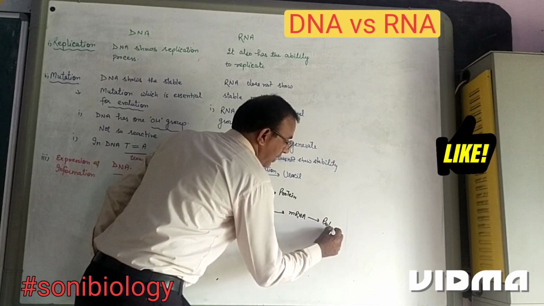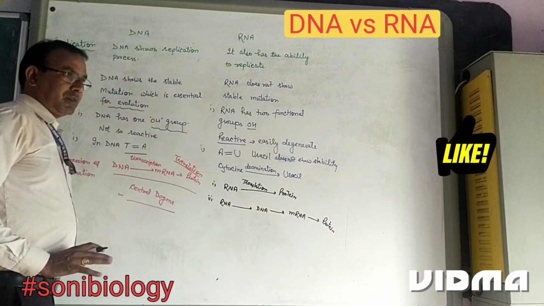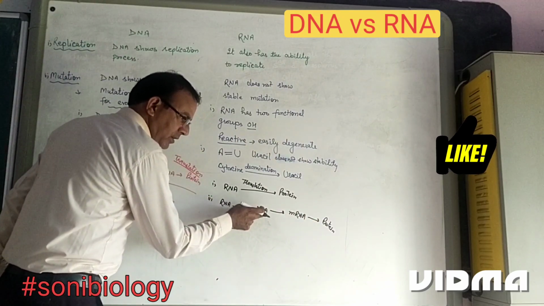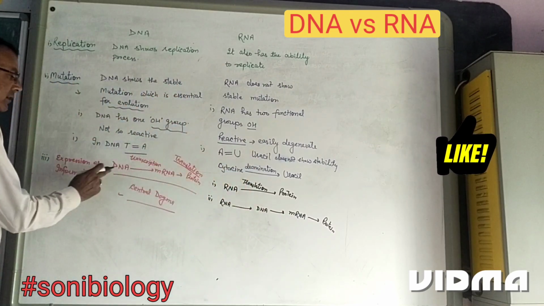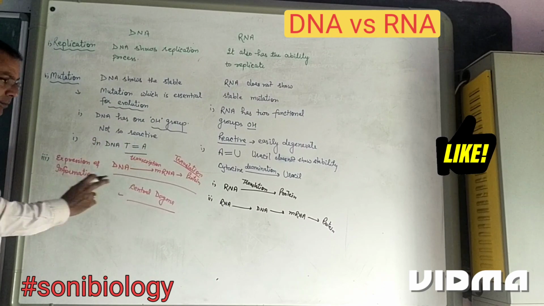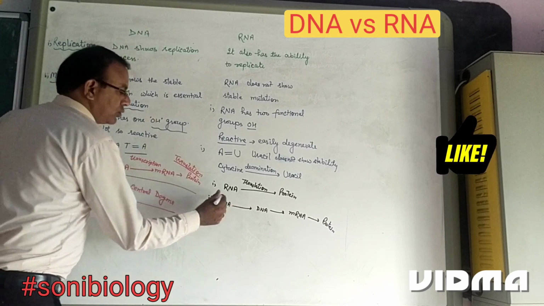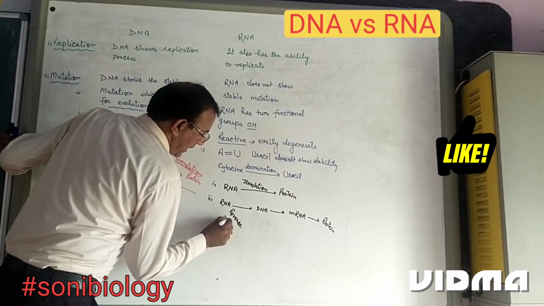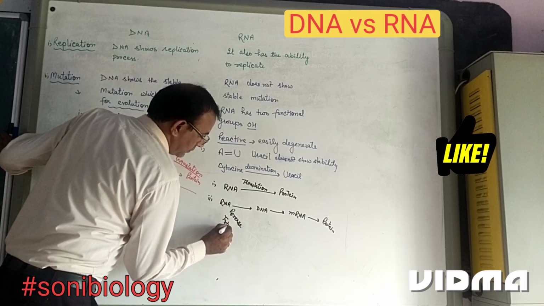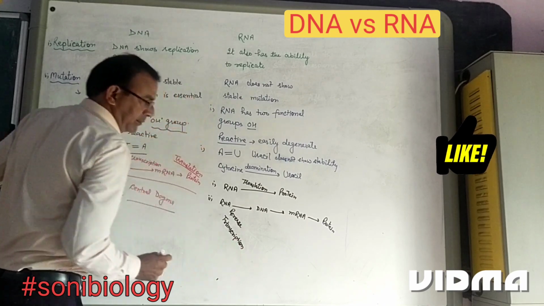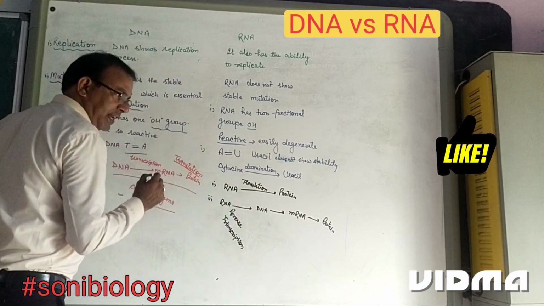This process may be completed. But here we can see that RNA changes into DNA. We have already studied that DNA changing into mRNA or RNA is known as transcription. But this process is reverse, so it is called reverse transcription, because RNA changes into DNA.